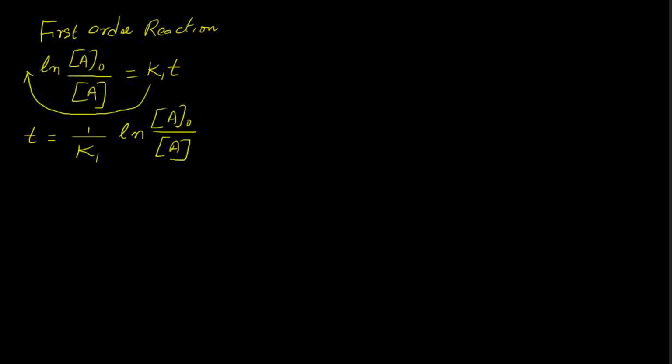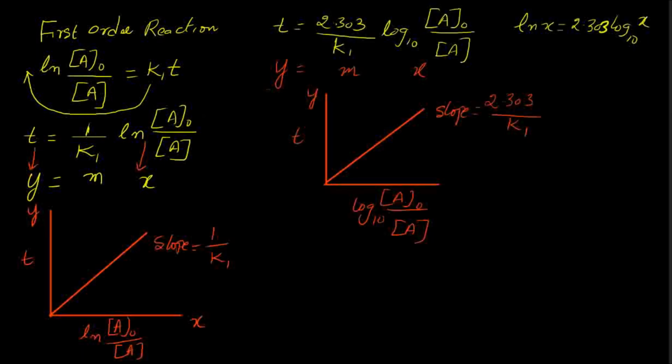So this is the y equals mx form. Another relation, slope equals 2.303 by k1.